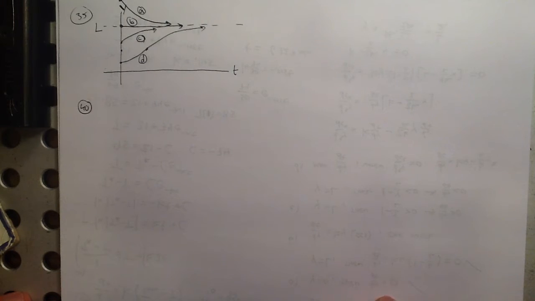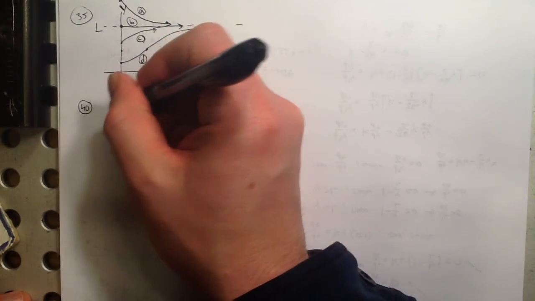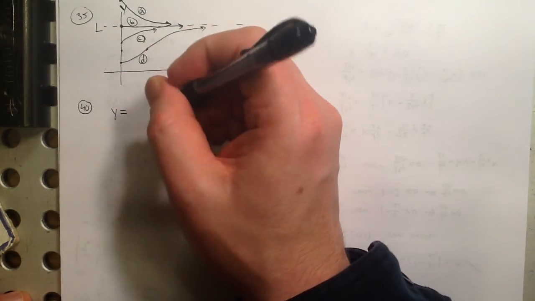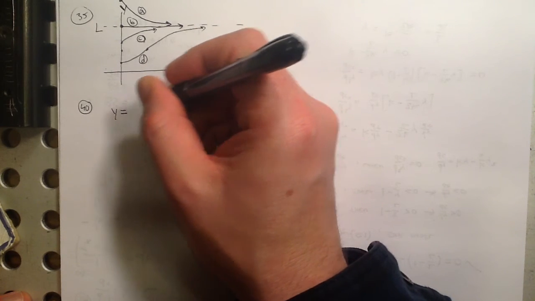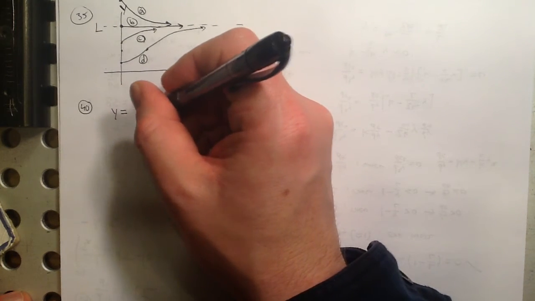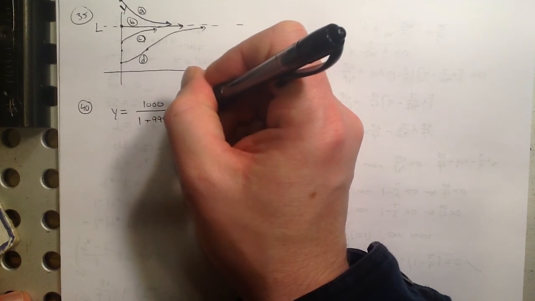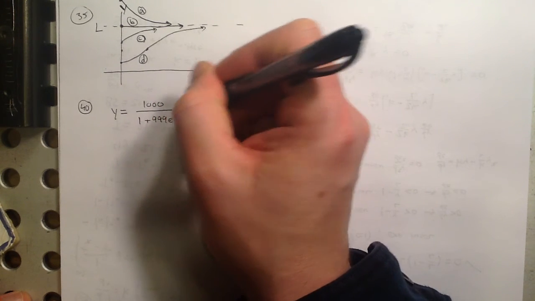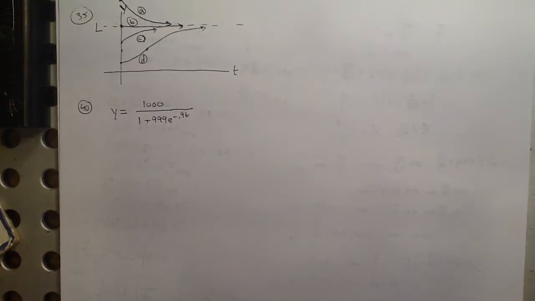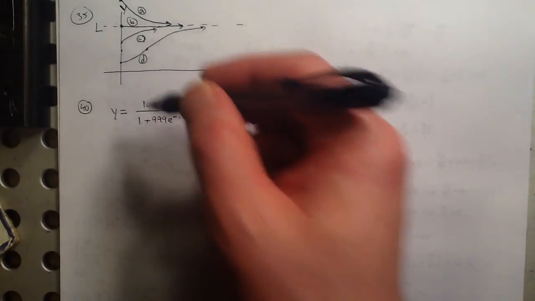So in this problem, they give us the actual solution, a solved logistic equation that looks like this. You can actually put that in your calculator and graph it if you wanted to. You have to be careful how you set the window.